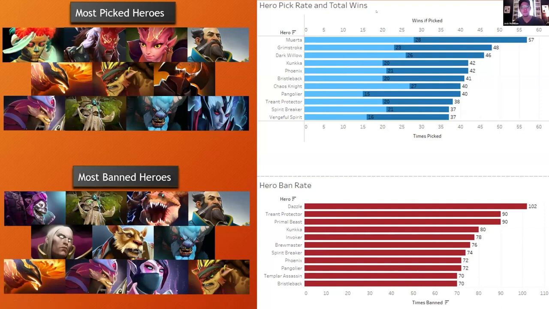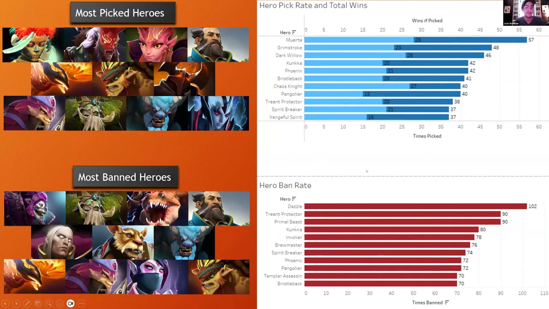But I feel like these two charts didn't quite paint the full picture, because in the nature of Dota 2, if a hero is considered extremely powerful, pro teams almost always ban them out of the matches that they play in, because rather than dealing with it, they would just rather ban it out.